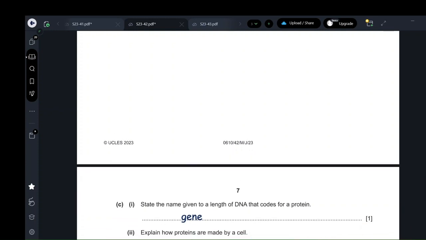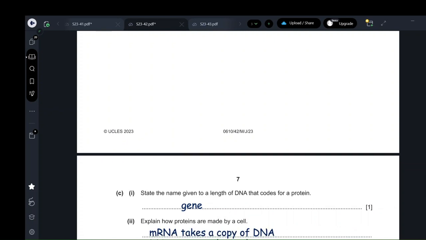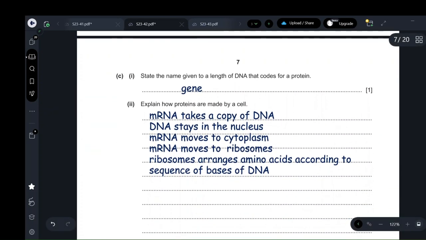How the proteins are made, similar to the question in variant 1. I will describe the steps which we took in chapter 17, sorry. mRNA takes a copy of the DNA.